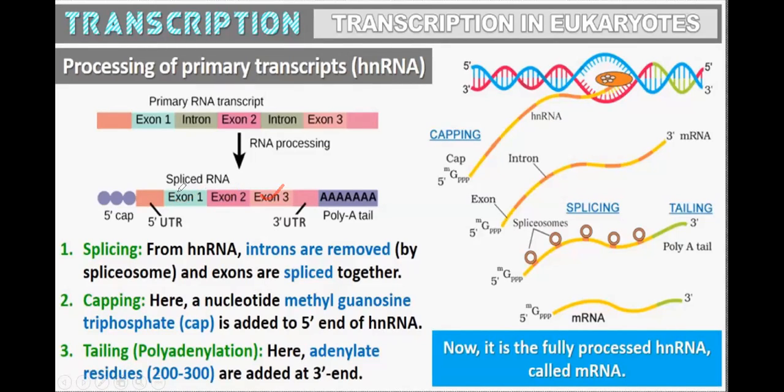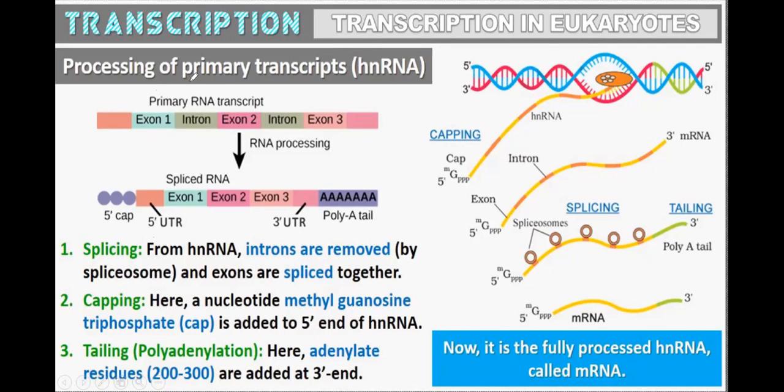Plus there will be capping and tailing. Capping occurs at the 5' end in the untranslated region, where a guanosine triphosphate cap is added. Towards the terminator side, poly A is added, meaning many adenine bases.